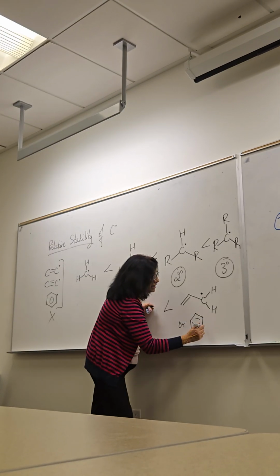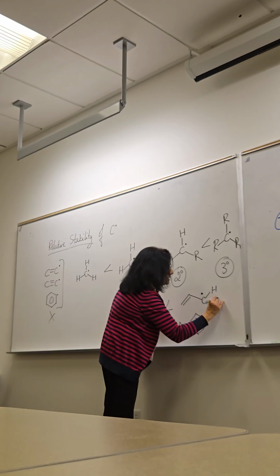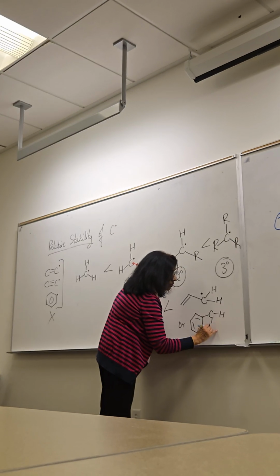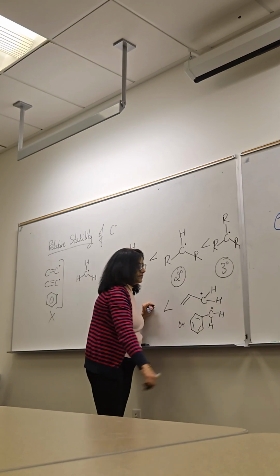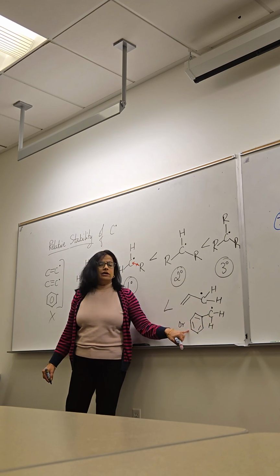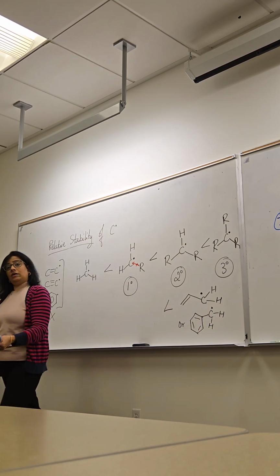Benzylic does not mean benzene. Anybody remember what benzylic is? Benzylic position is one carbon away from a benzene. So that's a benzylic position, one carbon from benzene. That's the allylic position. They're even more stable.